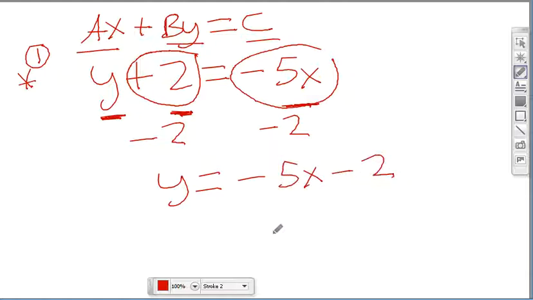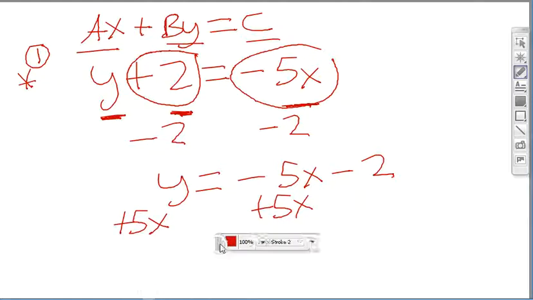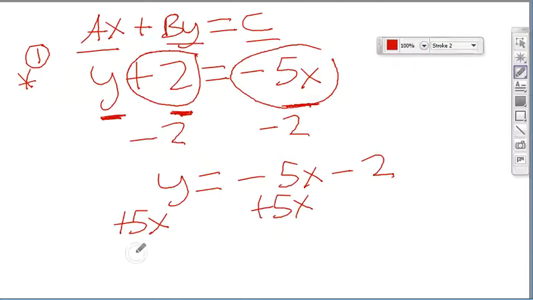Now from there, we just need to move this term right here to the left side of the equation. So we're going to do that by adding 5x to both sides. As we're manipulating these equations, we're basically just using opposite operations to help us get the terms where we need them to go.